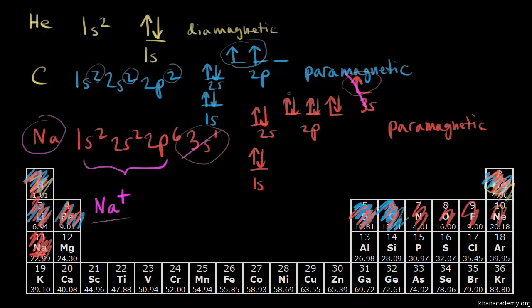Notice for the ion, now we have all paired electrons. So everything here is paired. And if you have all paired electrons, we're talking about diamagnetic. So while the sodium atom is paramagnetic, the sodium ion, I misspelled that there, is diamagnetic. And so it's just about writing your electron configurations and thinking about the definitions for paramagnetic and diamagnetic.